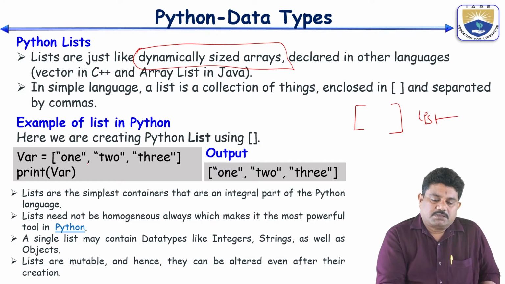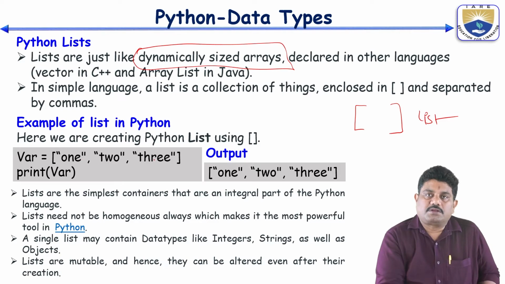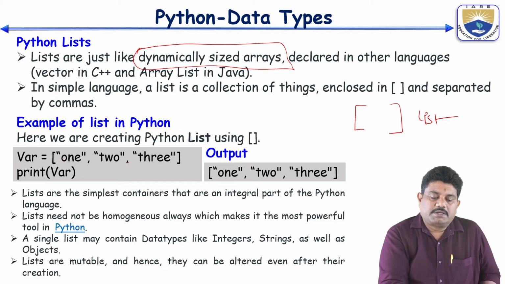Here there are three items: 1, 2, 3. These three items are separated with commas and enclosed by brackets. And the name given to that entire list is a variable.